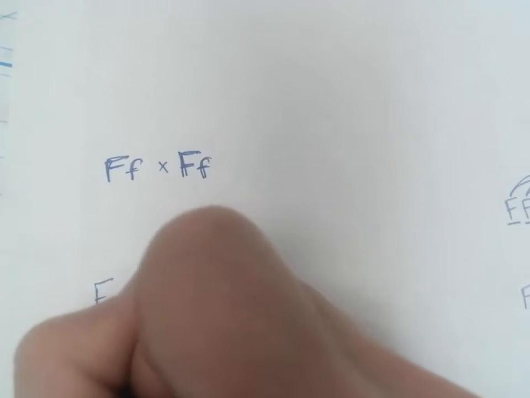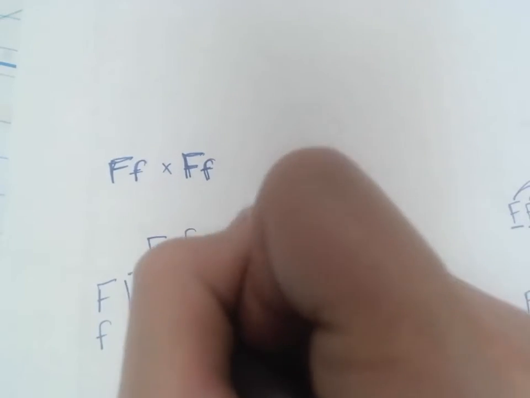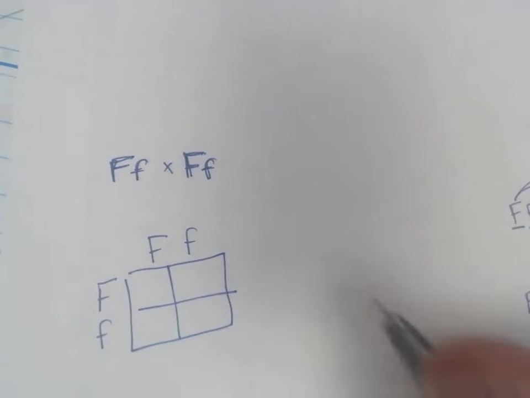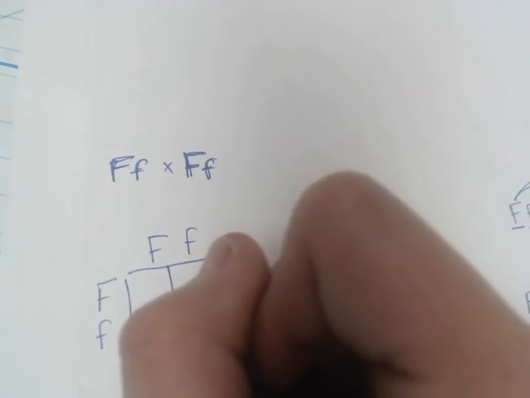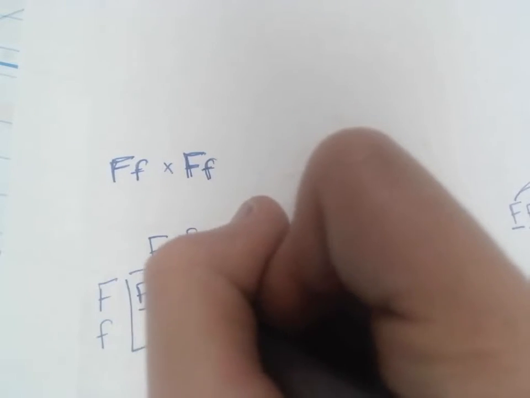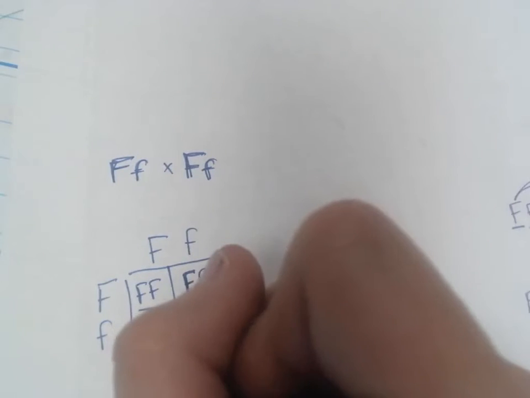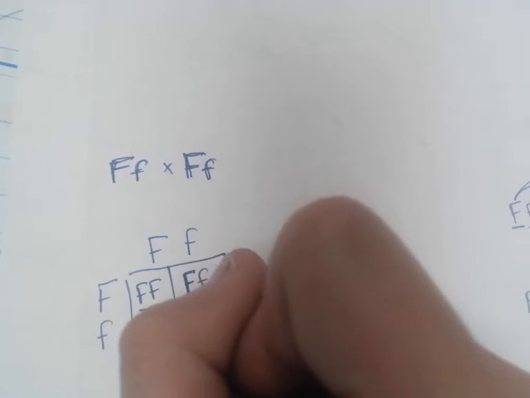So I'm gonna make my Punnett square. And now you can see we're going to carry these F's across, and we're going to carry these F's down. So this one is going to have two big F's. This one is going to have a big F and a little f. This one is going to have a big F and a little f.